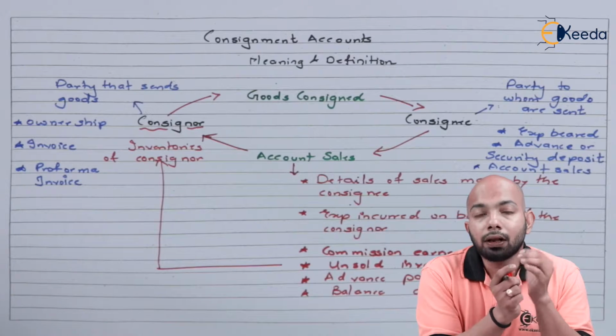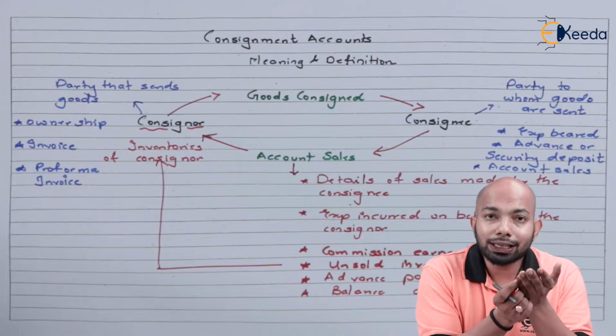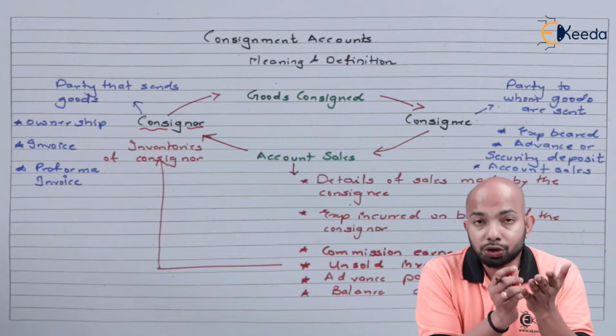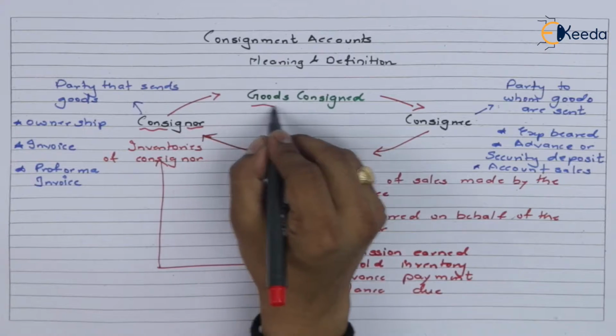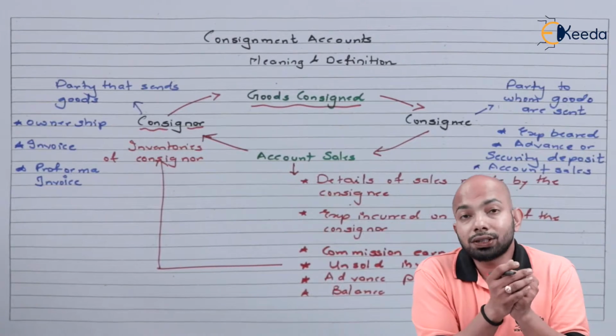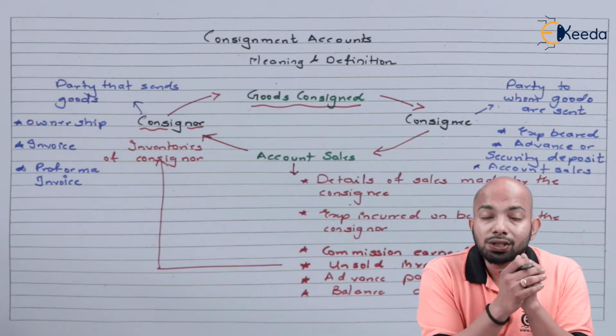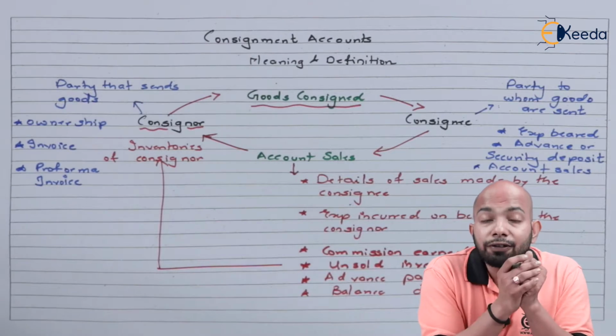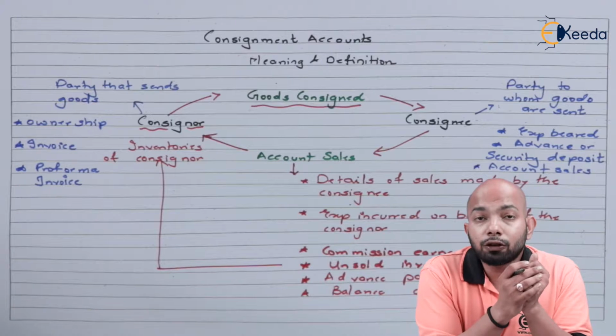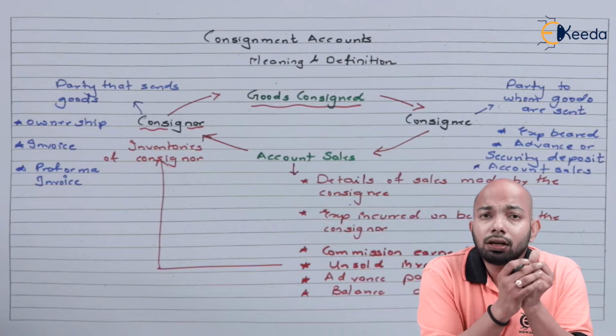So for example, if I am the consignor and you are the consignee, I'm sending certain goods to you, which will be called goods consigned, and you on behalf of me are supposed to sell those goods. When you sell those goods on behalf of me, you would take a certain cut of it.